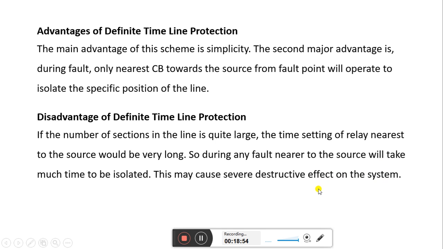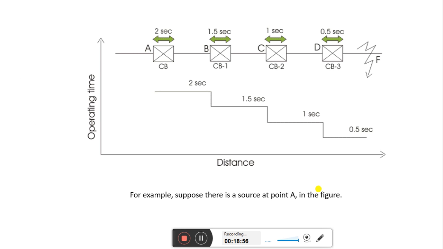So, going back to this diagram, what he wants to say is that if the span of this transmission line is very long, then we have to divide the line into many sections. So we have to provide many circuit breakers along the long transmission line, and accordingly divide the time setting for each circuit breaker.